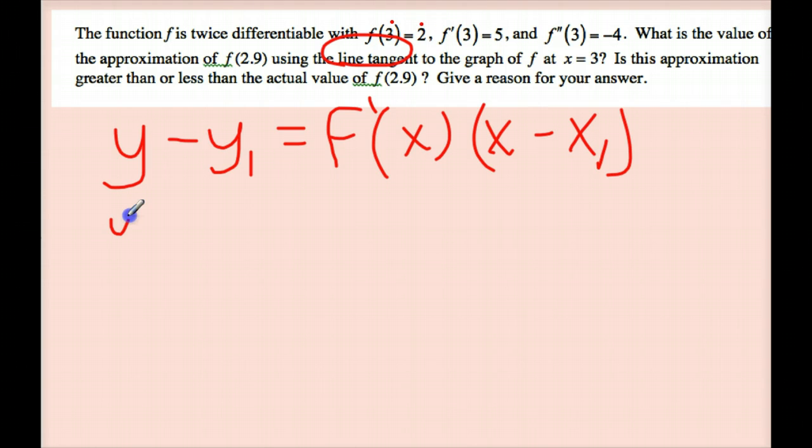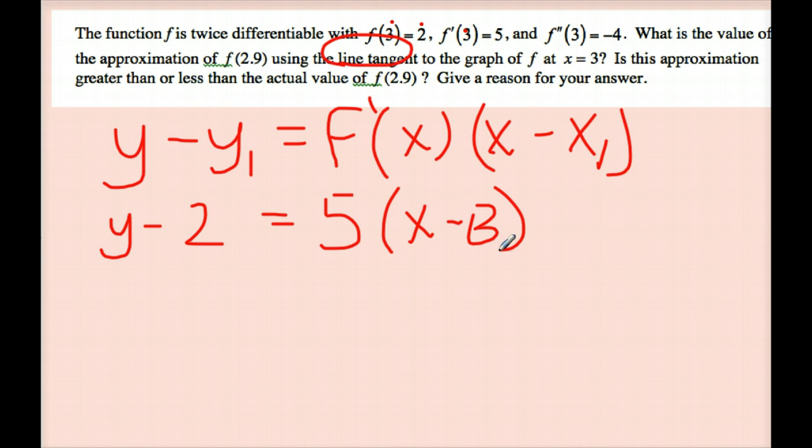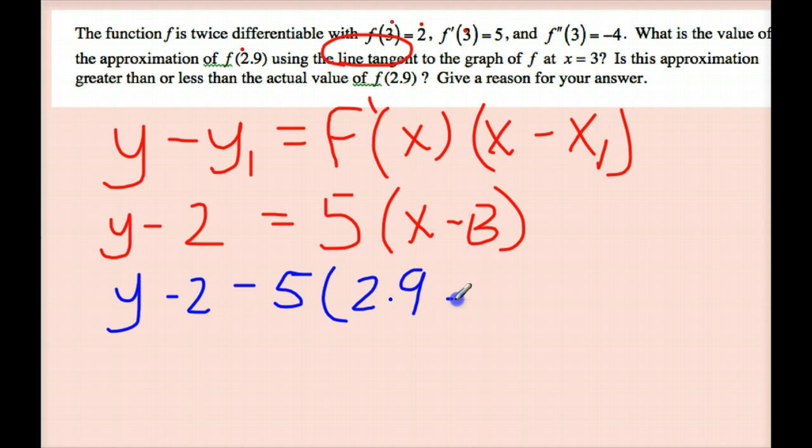So this gives me y minus 2 is equal to 5, the derivative at 3, times x minus 3. It says to use this equation to approximate 2.9, so I plug 2.9 into my x and get y minus 2 is equal to 5 times 2.9 minus 3.